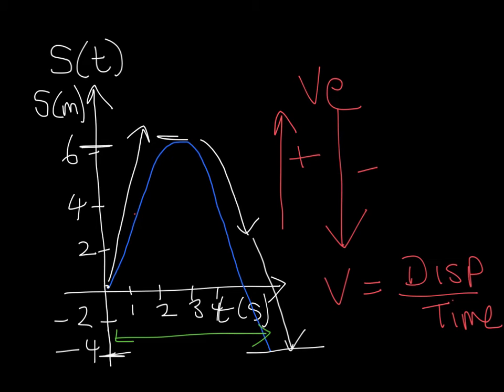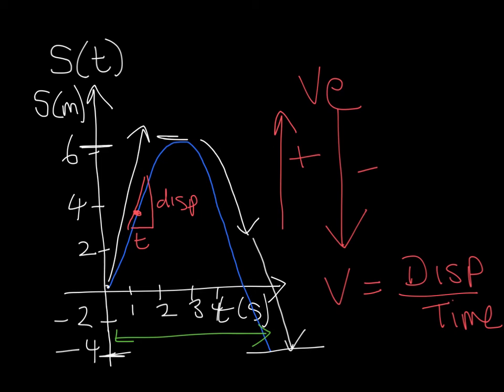So at any instant on its journey, I can think about the velocity at any instant being simply the gradient of the line at that point. Think of a triangle there, not very well drawn, but I can think of the displacement divided by the time. So the gradient of a displacement time graph gives us an indication of what the velocity is.